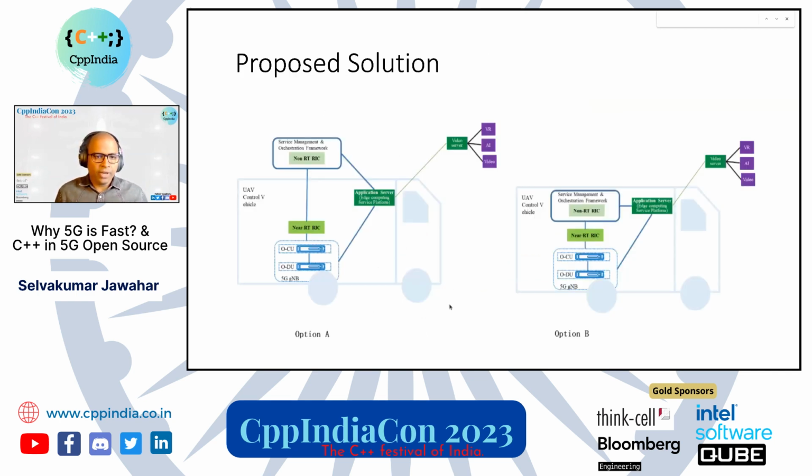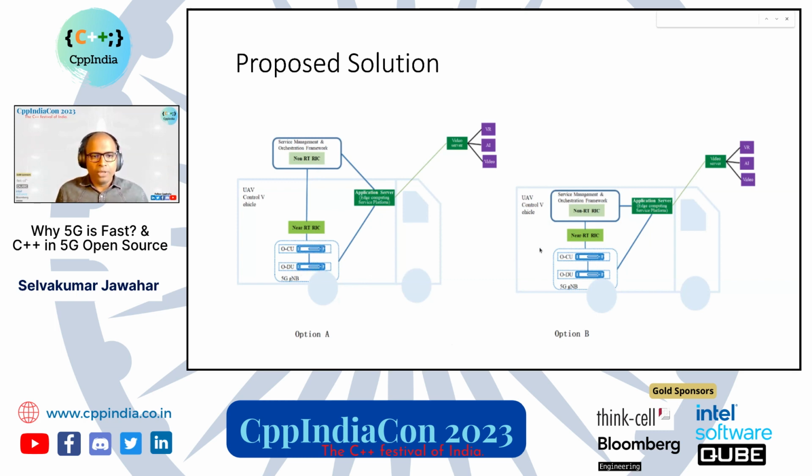So using normal 5G, you can do this by creating different quality of service, but it's very difficult to do it in a single cell where there are different quality of service requirements for different UEs. But with Open RAN coming in, you can have a non-real-time RIC monitoring the different UEs and set policies and tell a real-time RIC that for a particular UE, what policies have to be set.